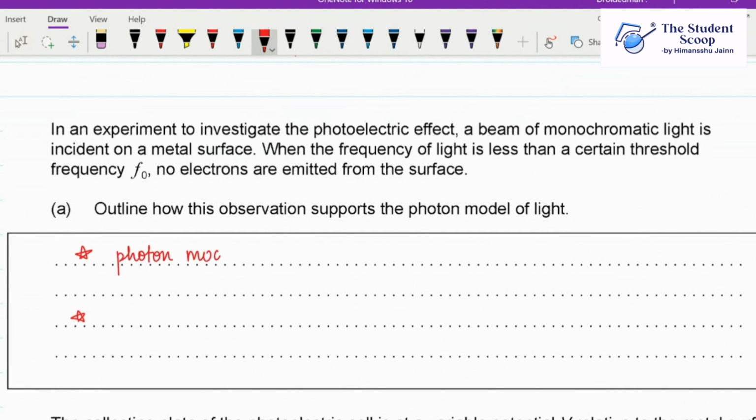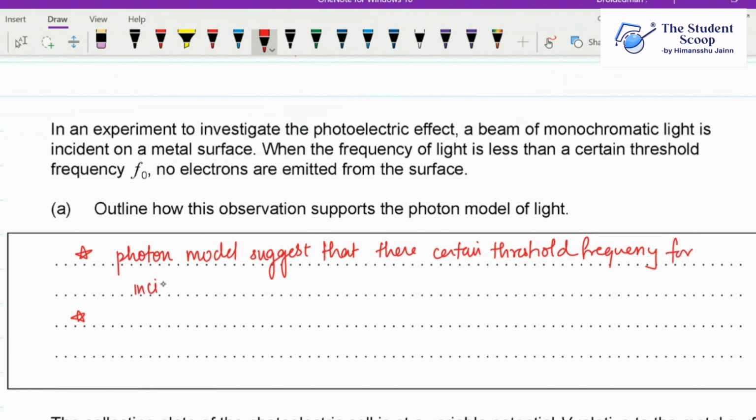the photon model suggests that there is a certain threshold frequency for the incident photon, because there is a work function for every metal.